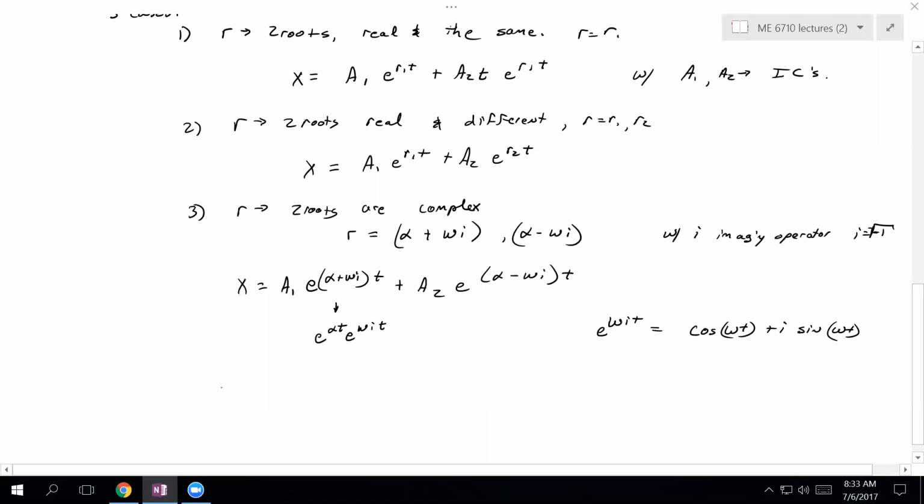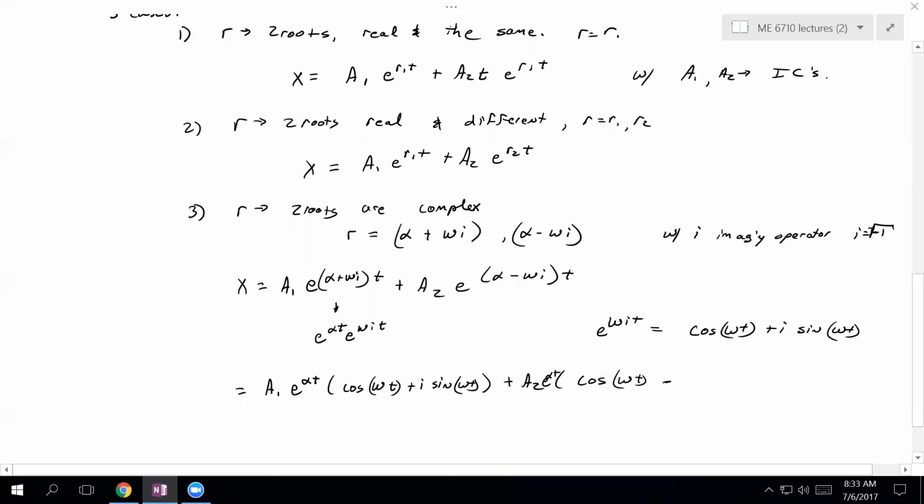So when we do this, I can rewrite this as a1 e to the alpha t times cos omega t plus i sine omega t, plus a2 e to the alpha t times cosine of negative omega t, which is just cosine omega t. So the cosine of a negative is just cosine.